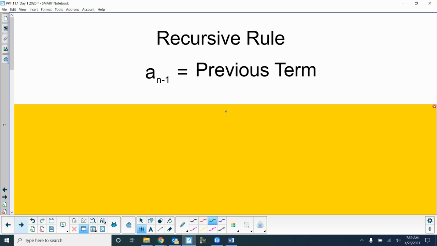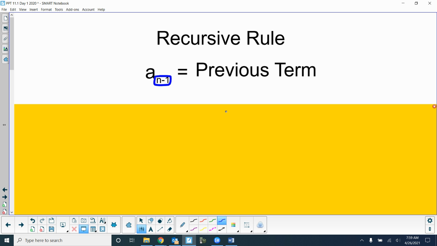Now the other type is called a recursive rule. They have this subscript. You put that subscript there. When you see that subscript, n minus 1, it means the previous term. This is important.